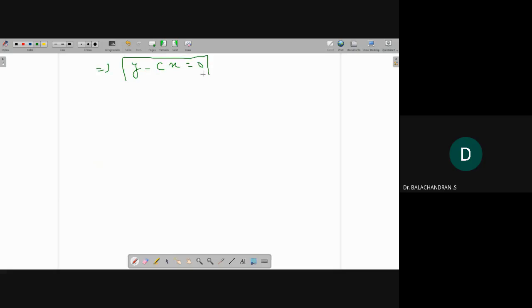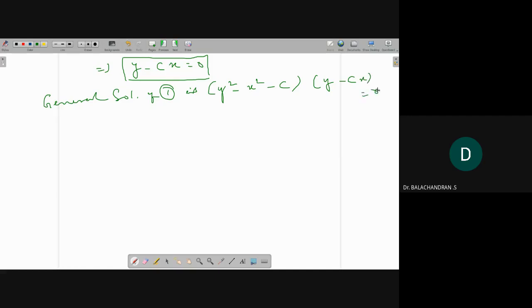So now general solution of equation 1. Equation 1, the given problem, is y square minus x square minus c into y minus cx is equal to 0. So maybe somebody will get a different answer.